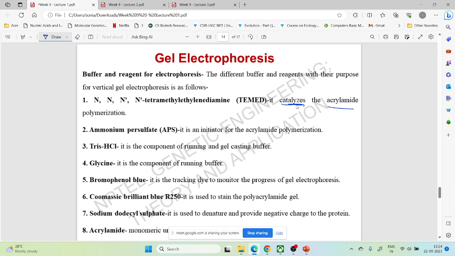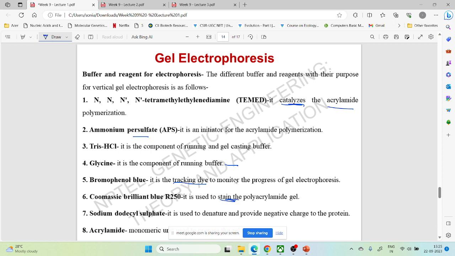So you have to understand that ammonium persulfate is an initiator and TEMED is catalyzing it. So there's a difference. It is starting and it is catalyzing. Then glycine is a component of running buffer. Bromophenol blue is a tracking dye. Do not get confused. And Coomassie is a staining dye.